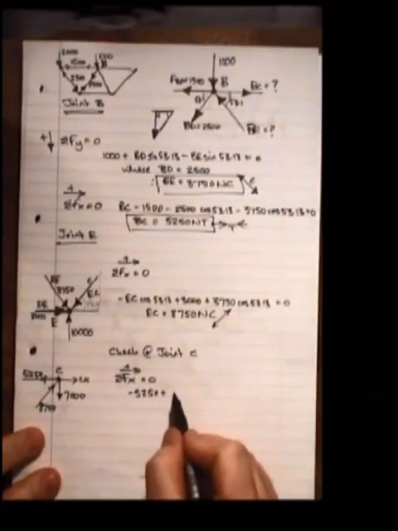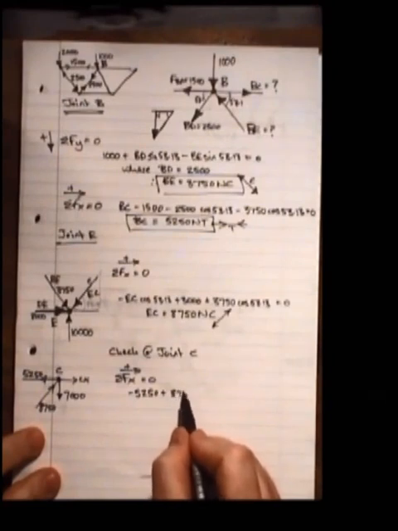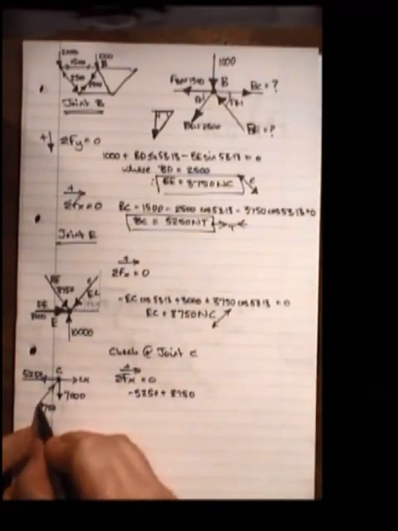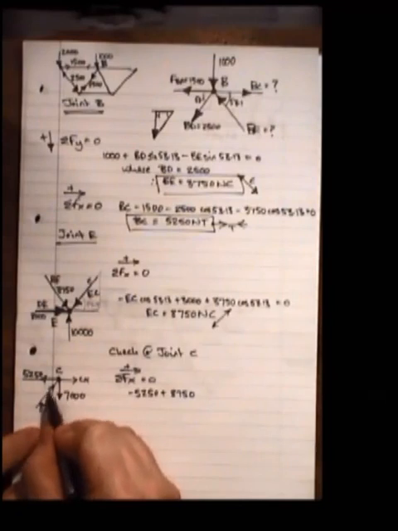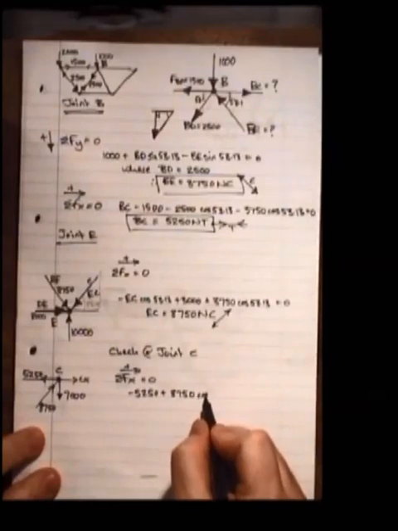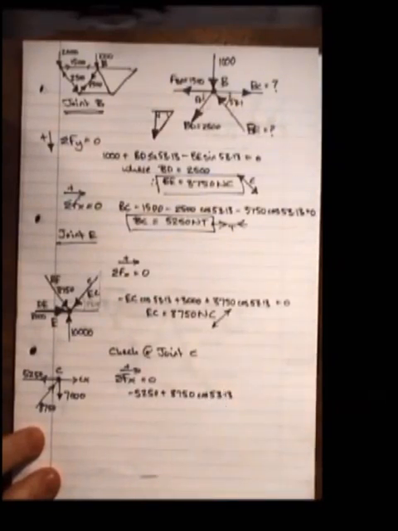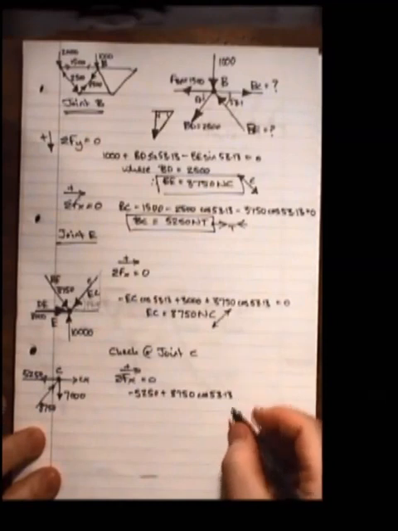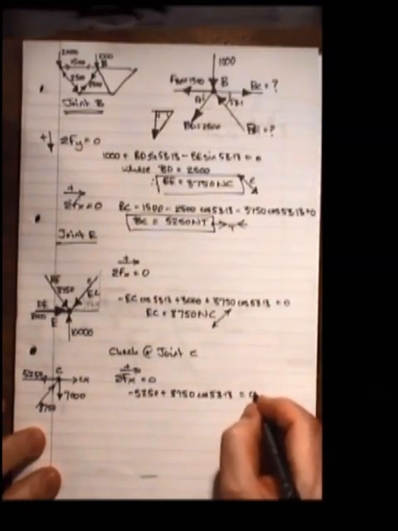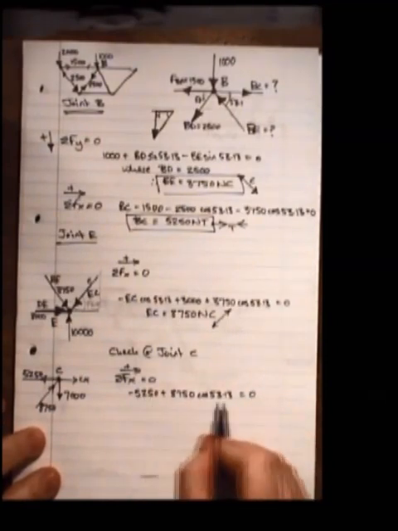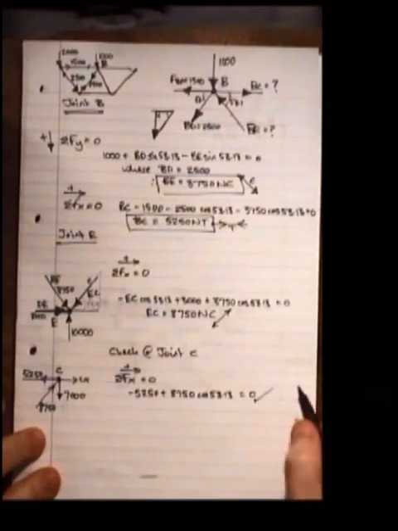We've got this 8,750 going to the right, so it's positive. And in terms of how much of that acts horizontally, you've got the angle again, that's the hypotenuse, it'll be cosine 53.13. You've got Cx in there, but we worked out that Cx is 0, so we can just ignore that. Equals 0, and what you'll find is that does come to near enough 0.